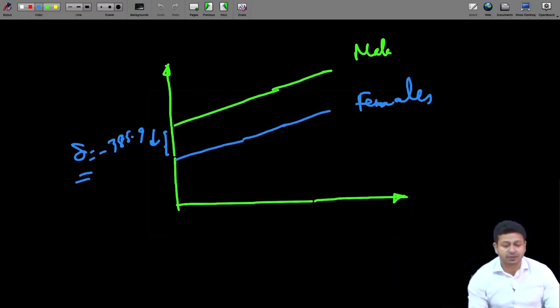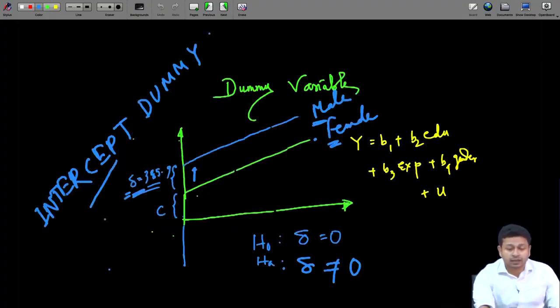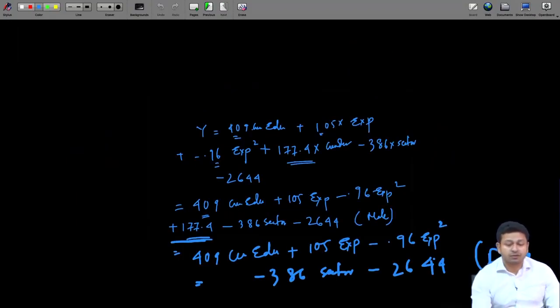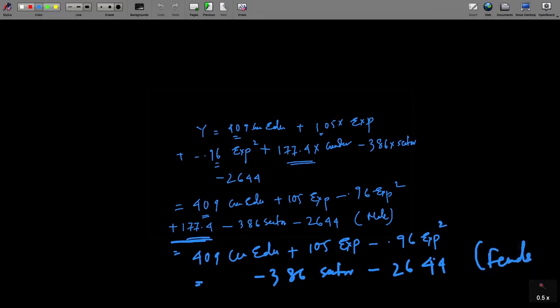For females the base equation, you do not include any value for the gender category, the dummy category, because it is a reference category, but for males you simply add the impact for gender because the way you have defined it, male is equal to 1. That is how we understand the regression equation.